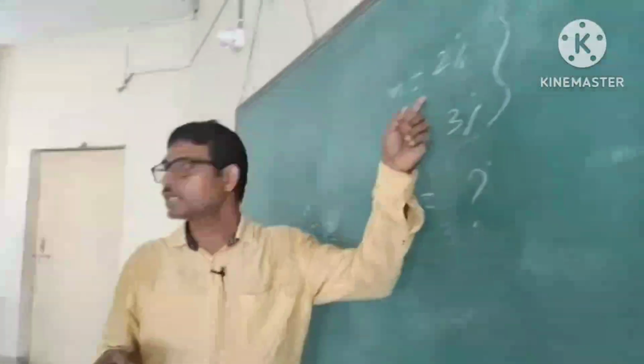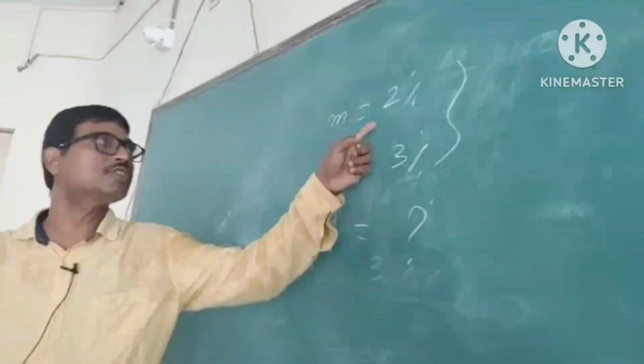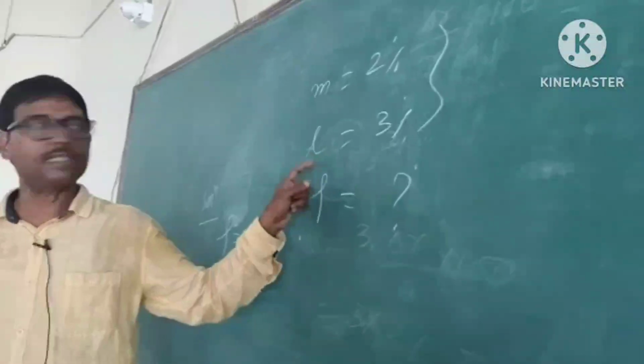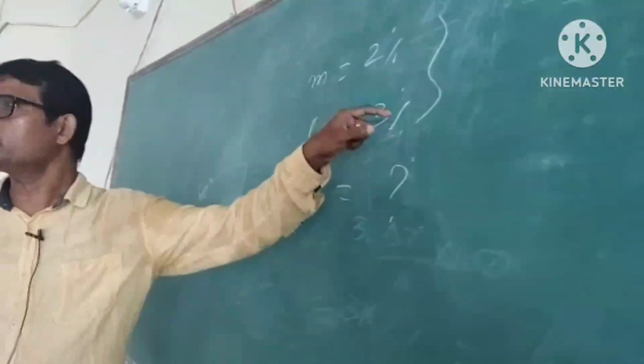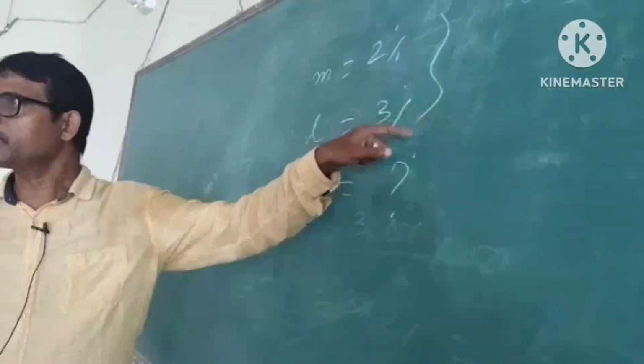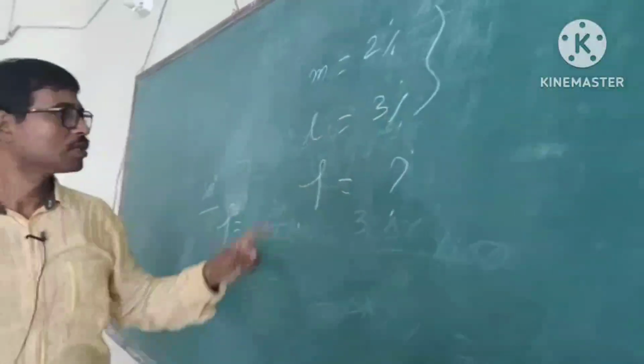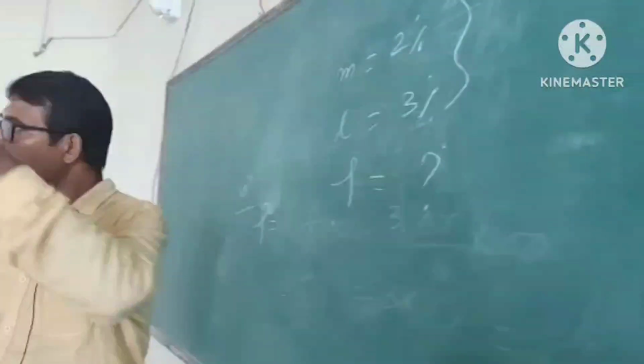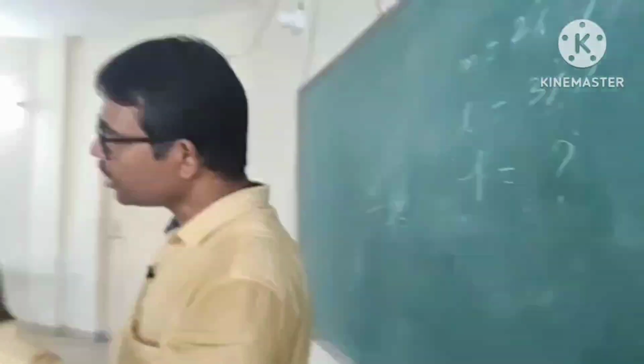Its error in the measurement of mass is 2%, and that side length is 3%. While you are measuring, okay, you are getting the error in the measurement. So how can you find the density of that cube in the error of a measurement?